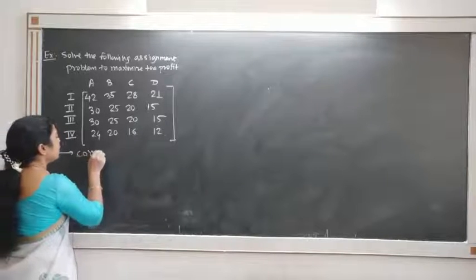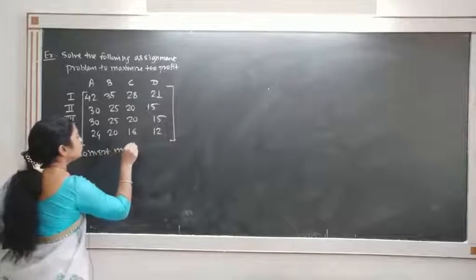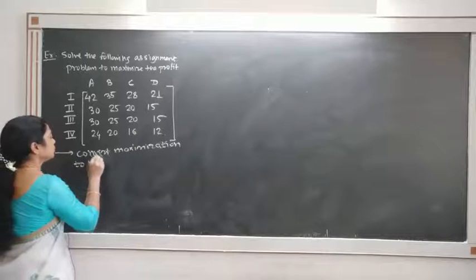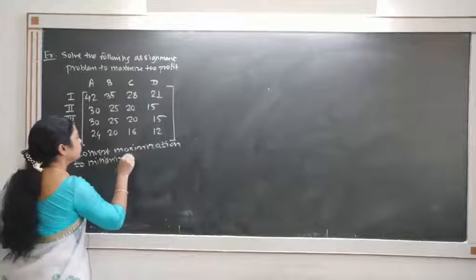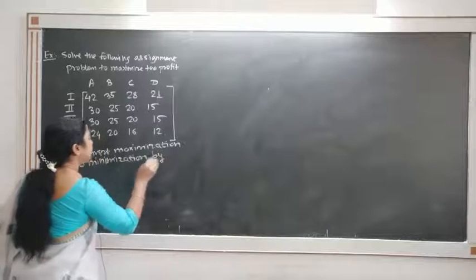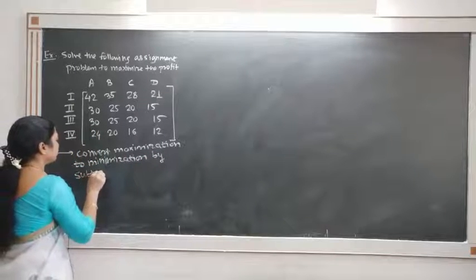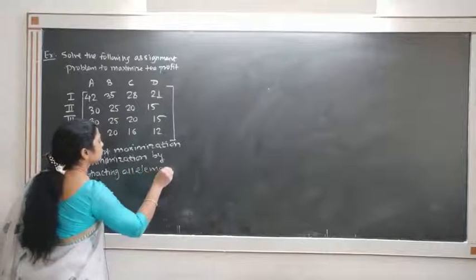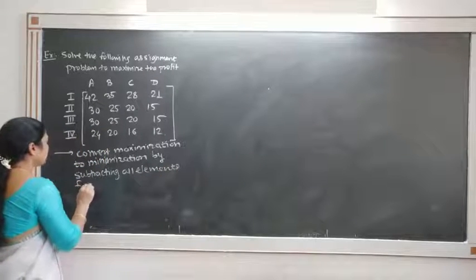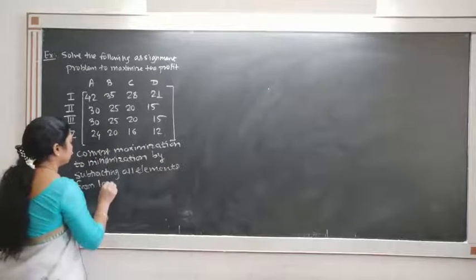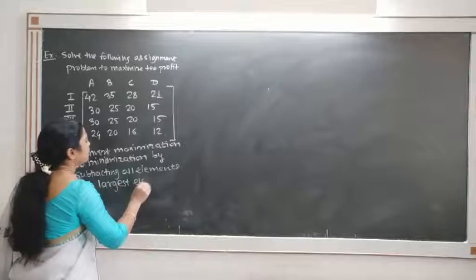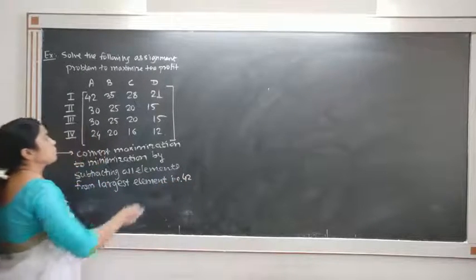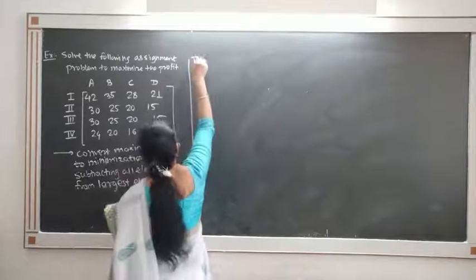So first, convert maximization to minimization by subtracting all elements of the matrix from the largest element, and the largest element is 42. So subtract, we get the reduced matrix.